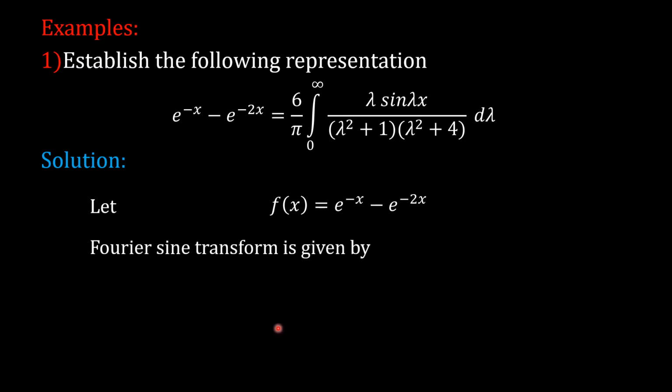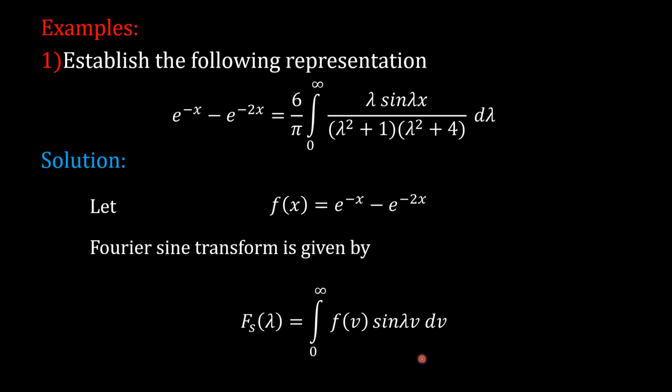Now the Fourier sine transform is given by, as we already discussed, because the sine lambda x term is present in the integration, Fs lambda is equal to integration 0 to infinity f of v sine lambda v dv.